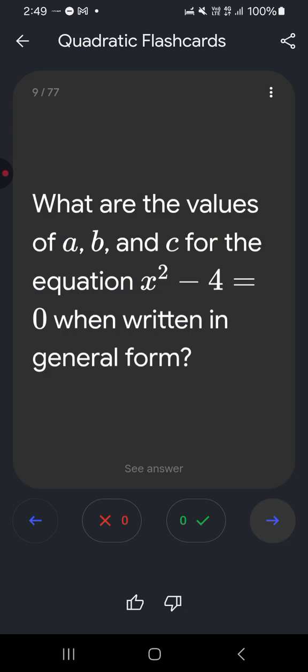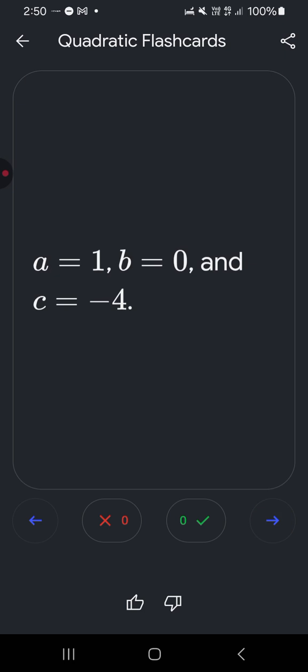What are the values of a, b and c for the equation x square minus 4 is equal to 0 when written in general form? A is equal to 1, b is equal to 0 and c is equal to minus 4.